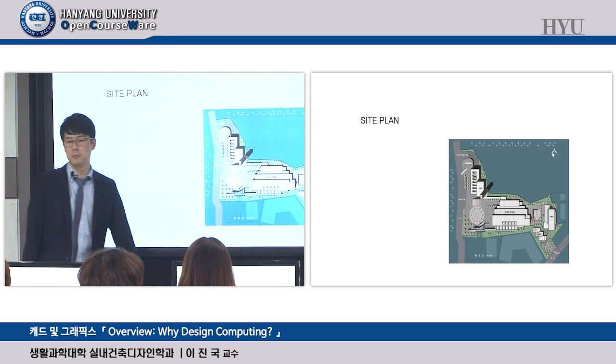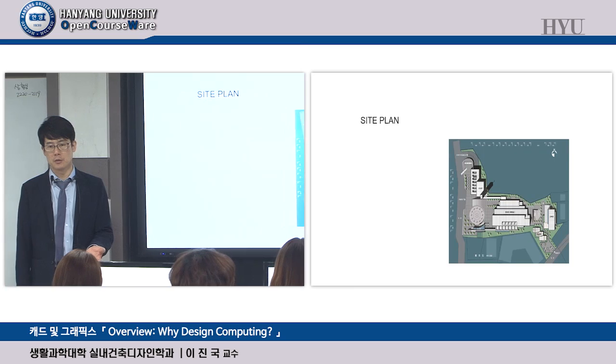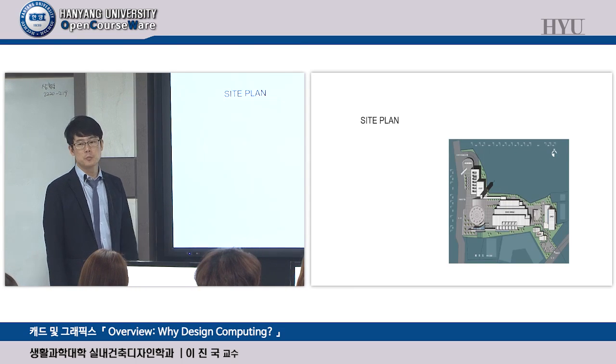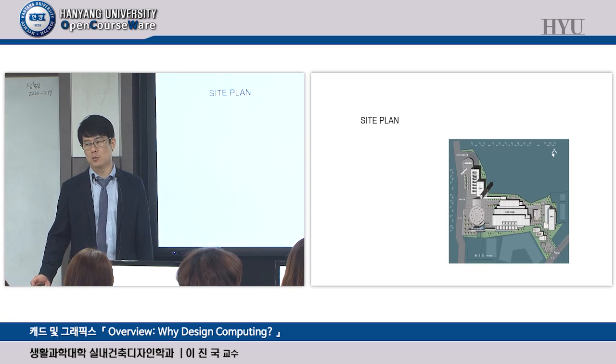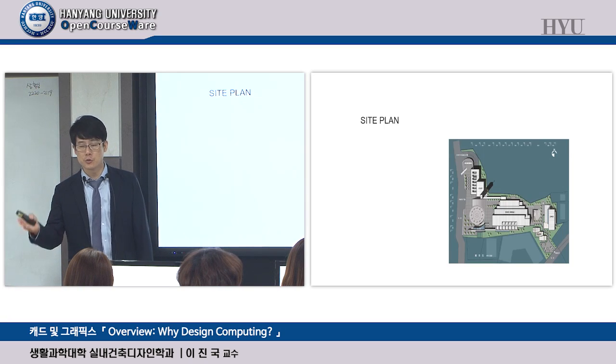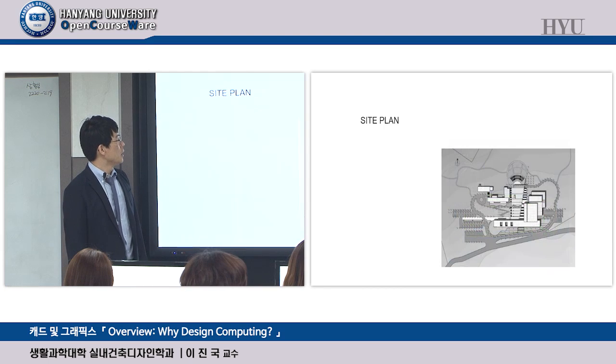So this type of site plan visualization is also required. You need to produce something like this in this semester, or especially in your studio course in the near future, okay?